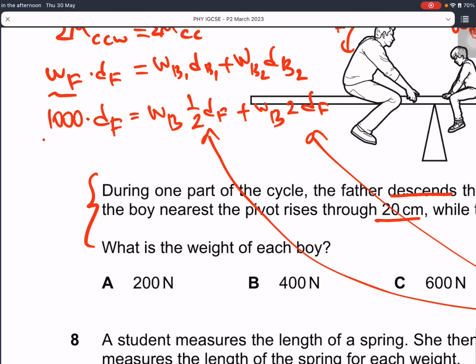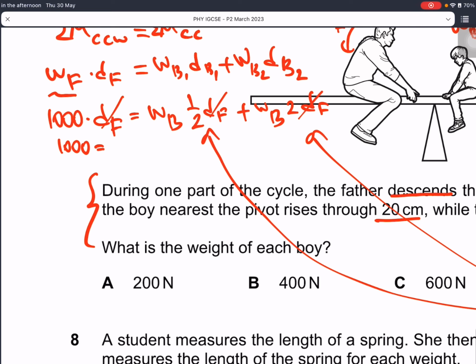So 1000 d father equals, well, the d father cancels out. Then 1000 equals W_B over 2 plus 2 W_B.